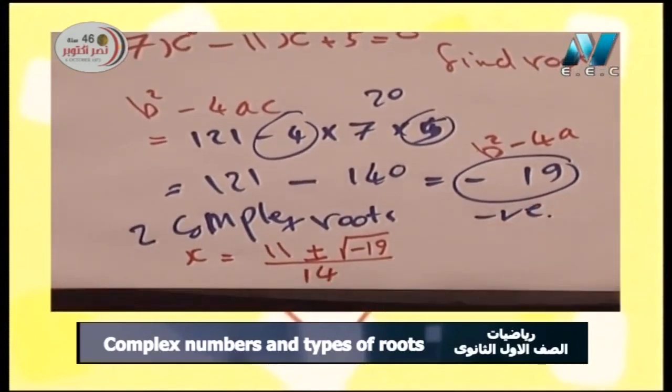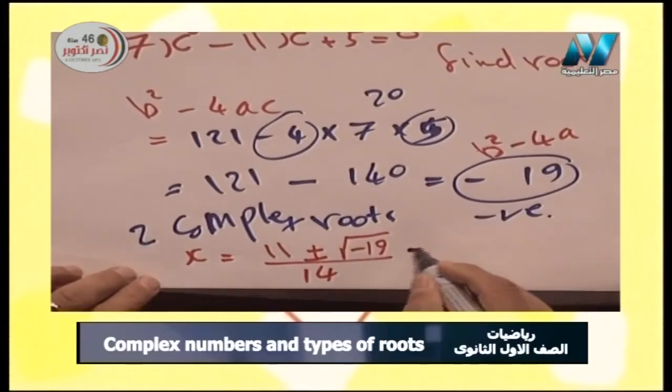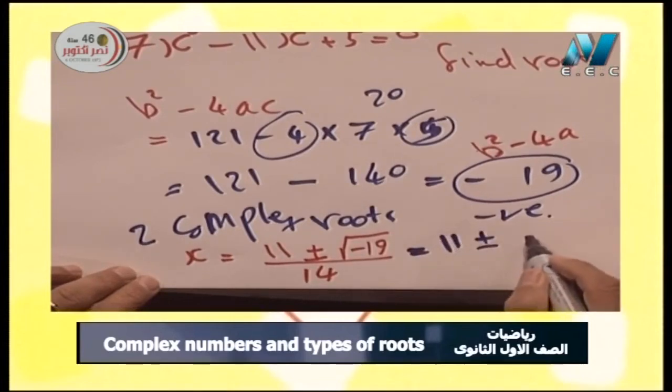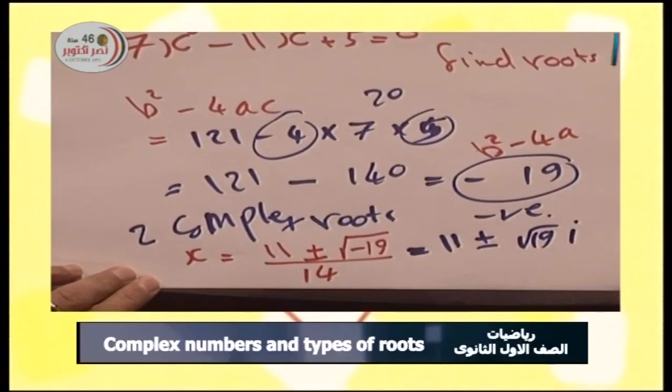So we have two roots, and the negative 19 inside the root equals 11 plus or minus root 19 i over 14. We know that negative 1 inside the root will be i.